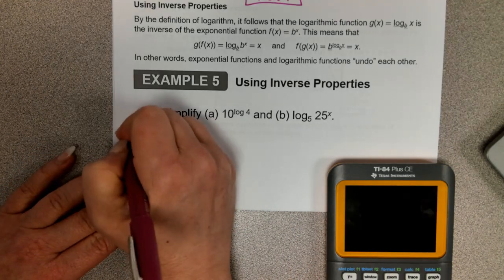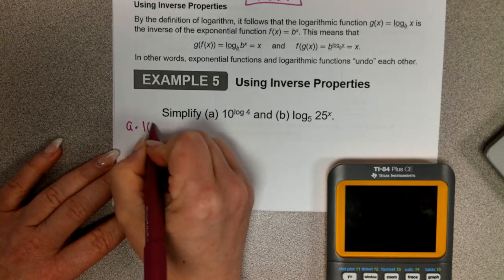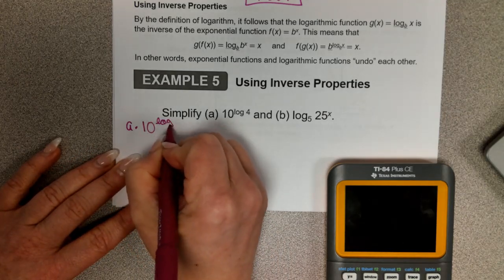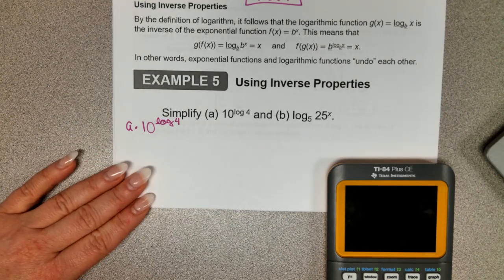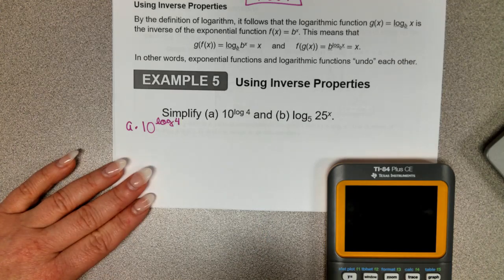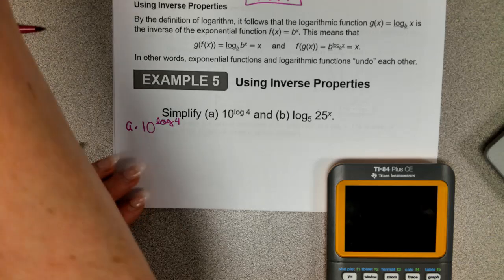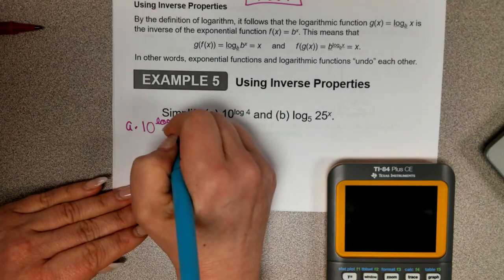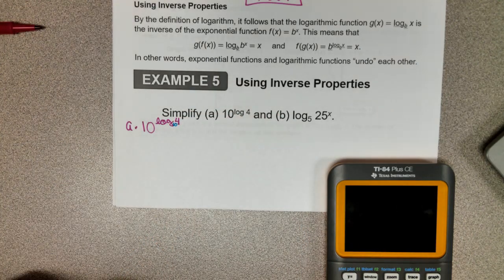So let's do example A first. So it says 10 to the power of log of 4. Now notice I'm using the common log here, so we did not write the base of that log in. You have to understand that that base is 10.